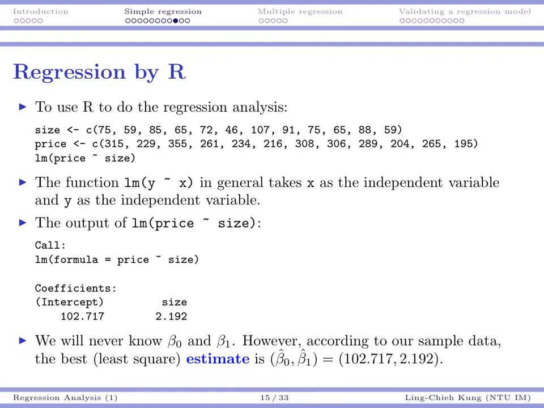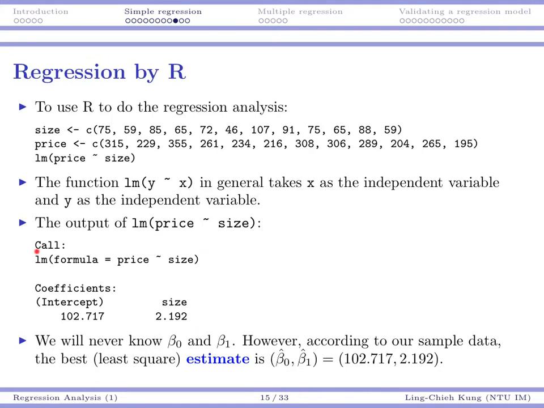What I should do is to call lm and specify that my formula is to use size as my independent variable to estimate, to explain, to predict price. The grammar is that you need to use a tilde to separate dependent variables from independent variables.